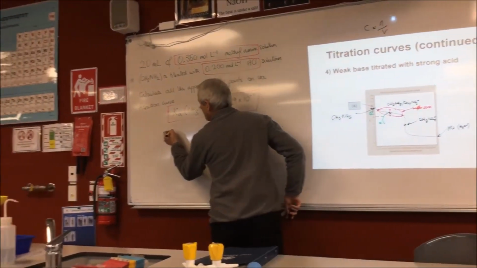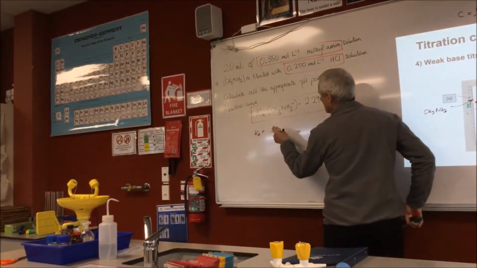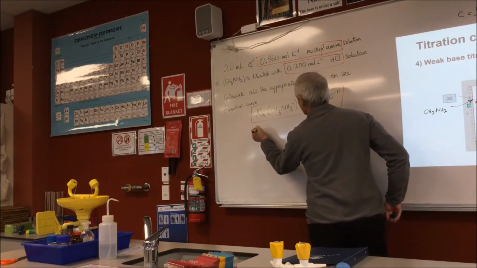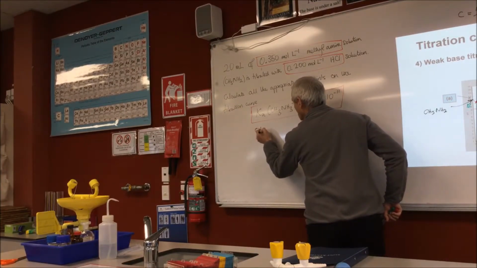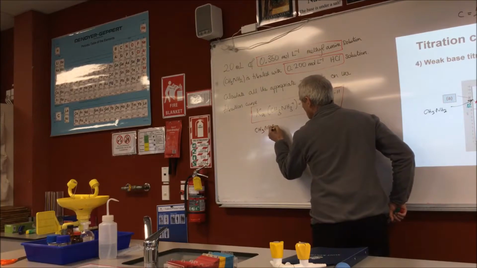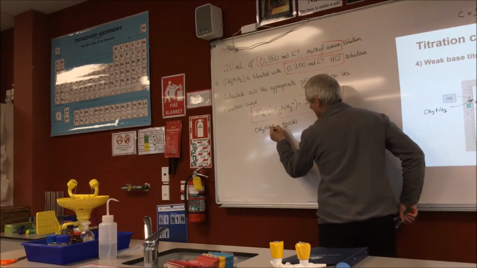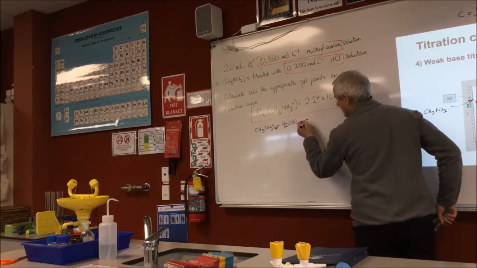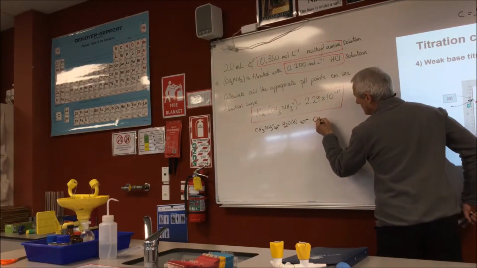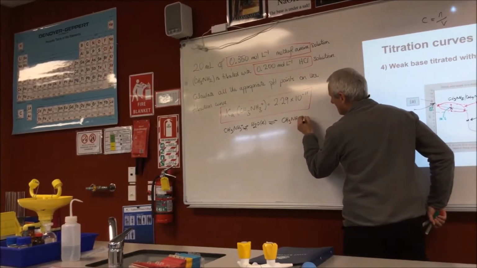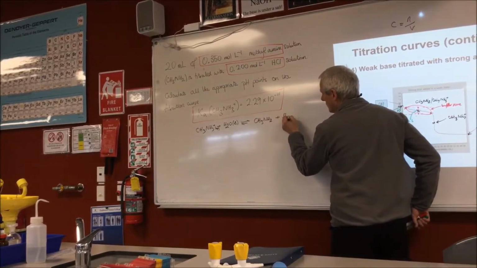So we've got Ka equal to, well, why don't we write out the expression first so we don't get ourselves mixed up. CH3NH3+ plus H2O, because that's the reaction that we've got going on in solution at equivalence. Then we've got the weak base back again, plus H3O+ plus H2O.